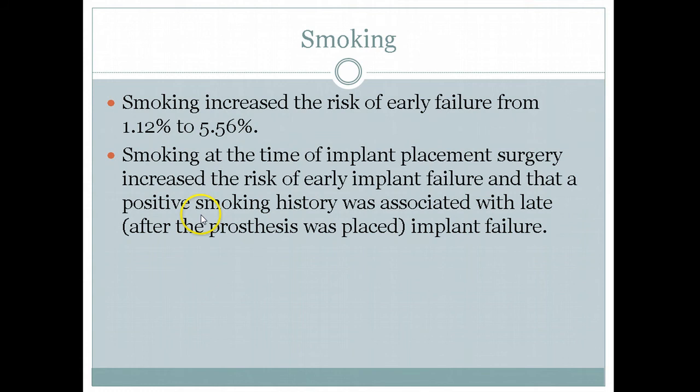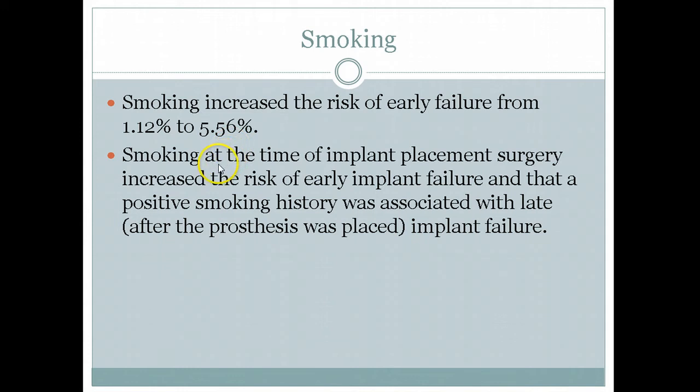The other thing we have to think about is at exactly which point (implant placement, osseointegration, covering, or prosthetic) smoking has its biggest effect. Studies show that smoking increased the risk of early failure from 1.12% to 5.56%. So among the failures, the most impact smoking has is on the earliest part of implant placement.